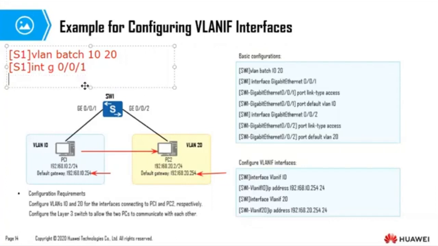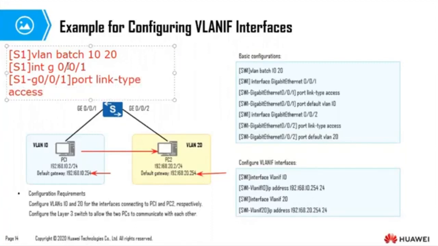On the interface view, so gigabit Ethernet, just understand that that is that. On the interface view, we change this port to an access port. So port link-type access, like that.